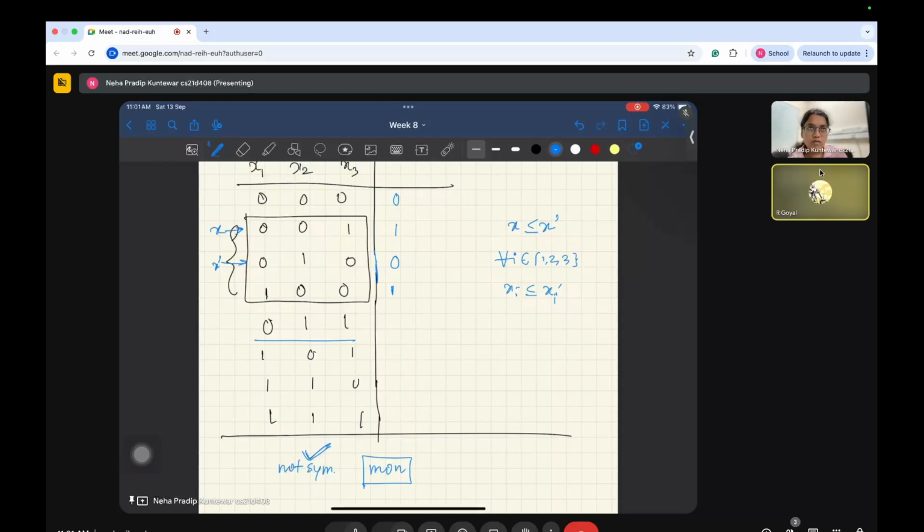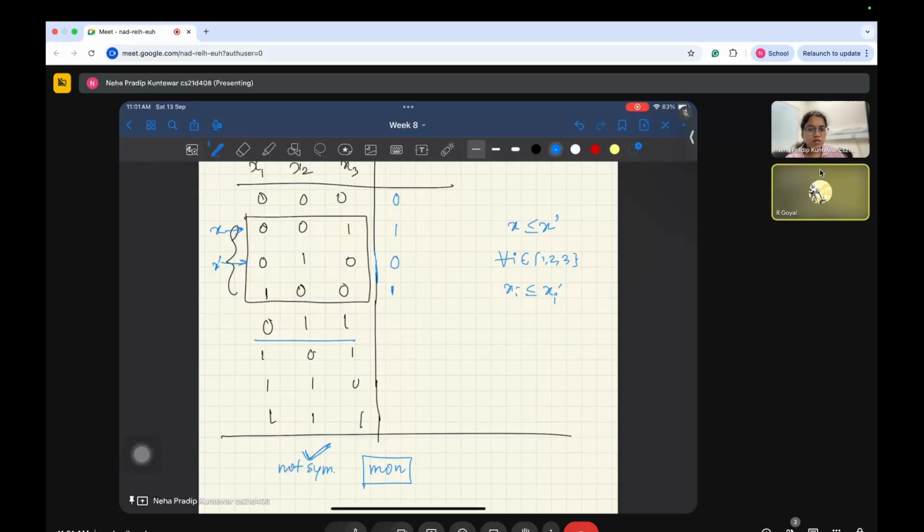I focus on the LSB, least significant bit, and start moving towards the MSBs, and keep comparing the LSBs with the LSBs of the other strings. If we find inconsistency somewhere, then we are not bothered about the value of the function. Otherwise, the monotonicity should be maintained.